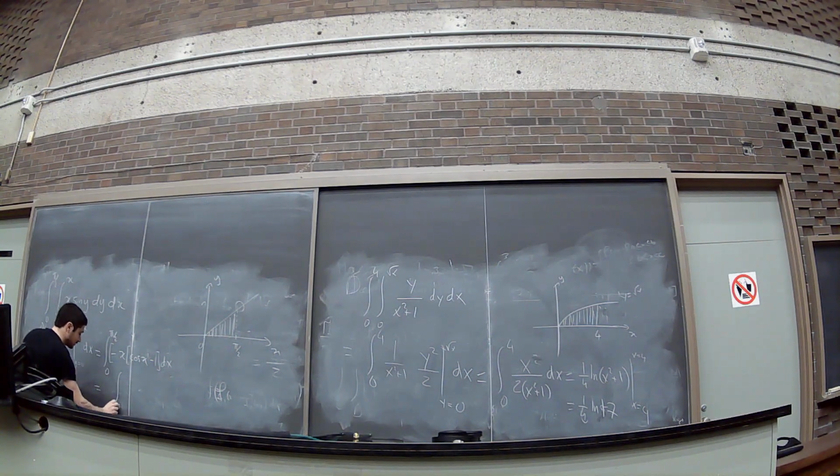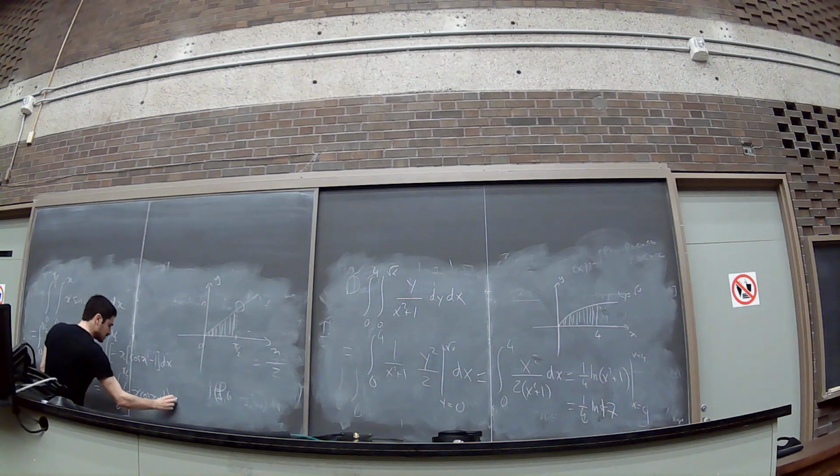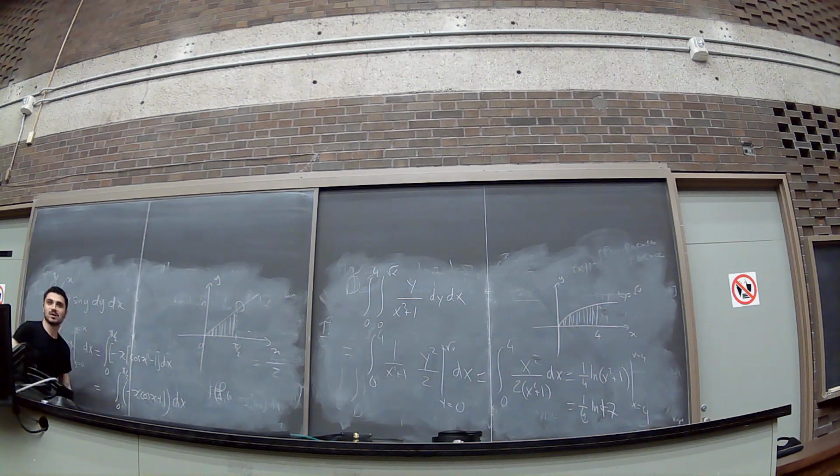So what do we get? We get 0 to pi over 2. Oh man. Yeah, so it's minus here, plus 1 x. Who wants to then do integral by parts? Do it at home.